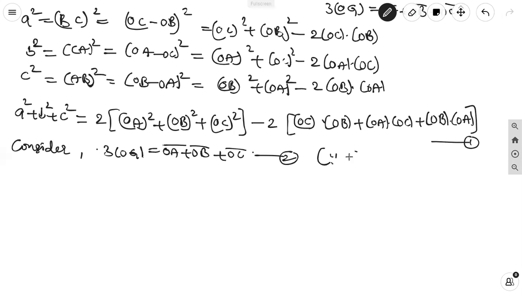Why? Because G is the centroid from the origin O, from any point. So here we square equation 2 on both sides.